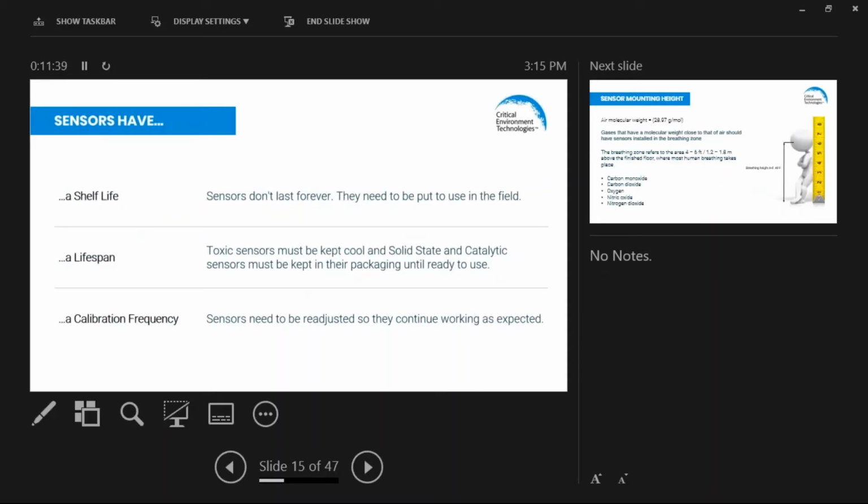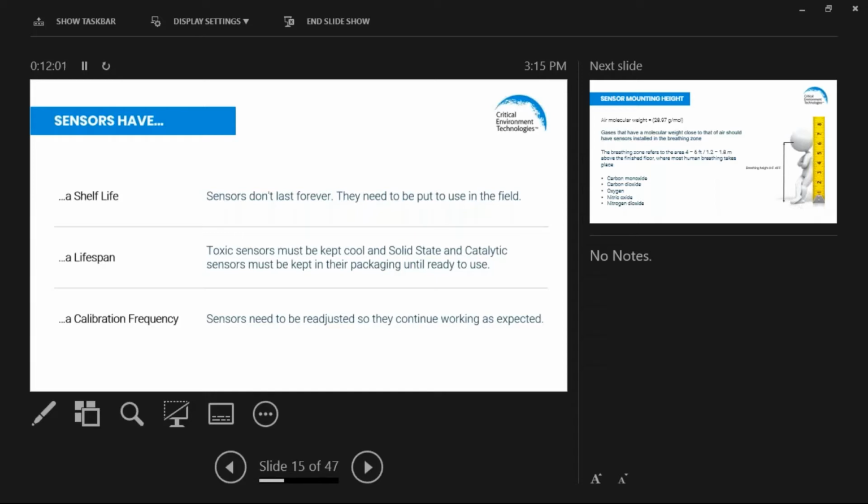All sensors have a shelf life. Sensors don't last forever. Electrochemical cells and solid state cells, if they don't have current running through them for a period of time, lose their sensitivity.